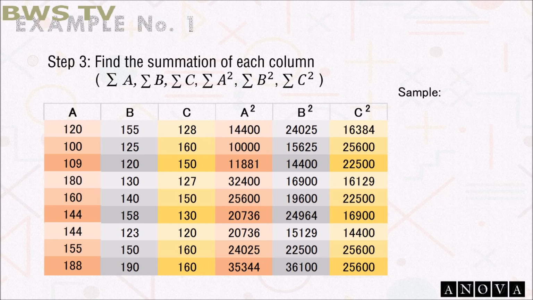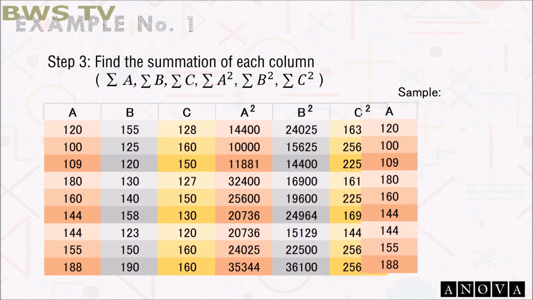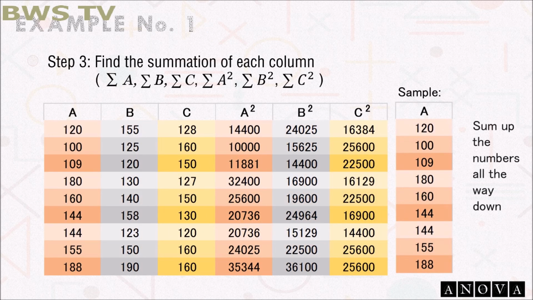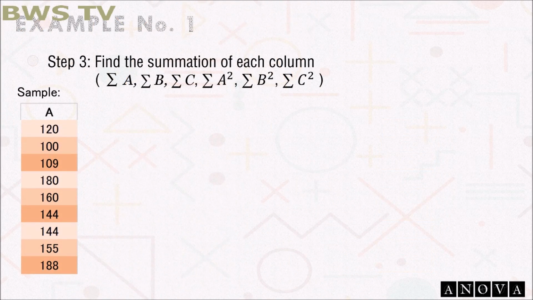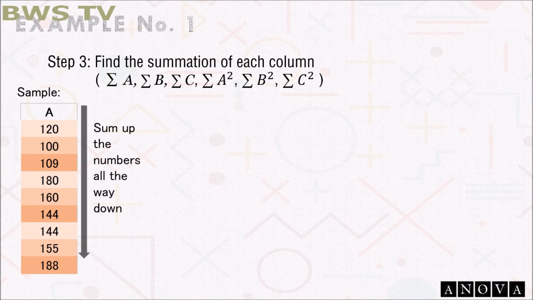For example, for the first column A, all we have to do is to add everything. After adding everything, you'll then get 1,300 that will serve as your summation of A.